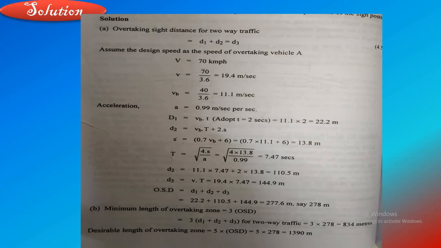Here T is equal to 2 seconds. Your Vb value we calculated over there, that is 11.1 meter per second. We can substitute here, 11.1 into 2, that is 22.2 meters. So the D1 value is 22.2 meters.